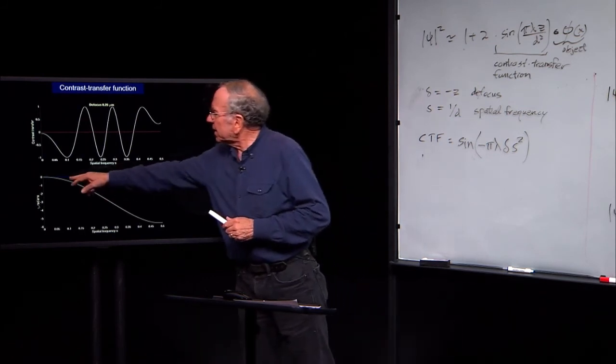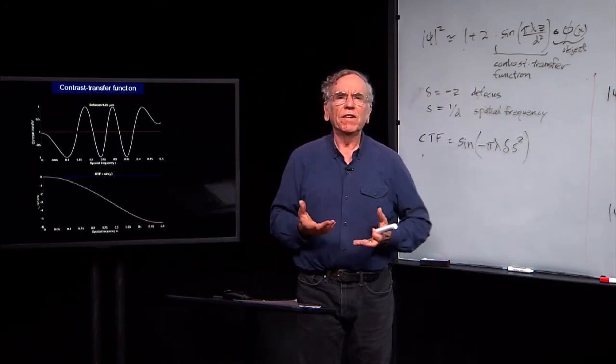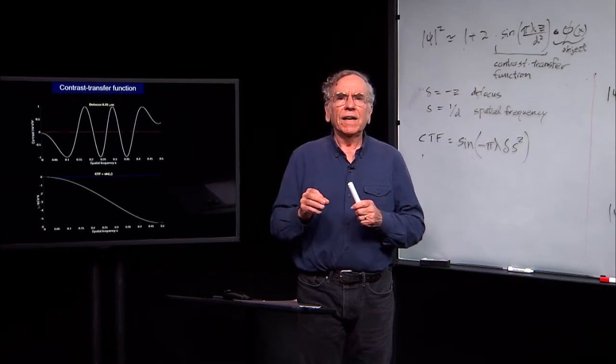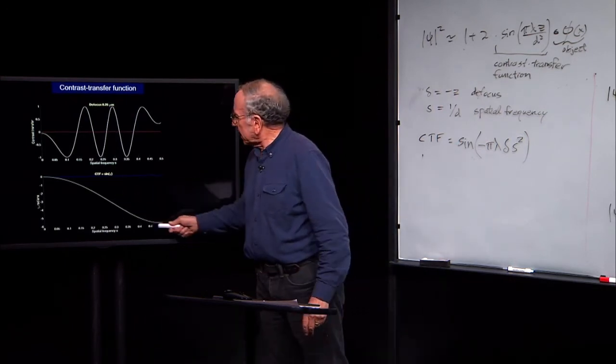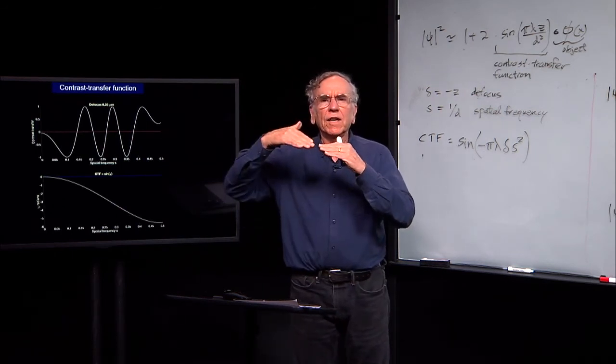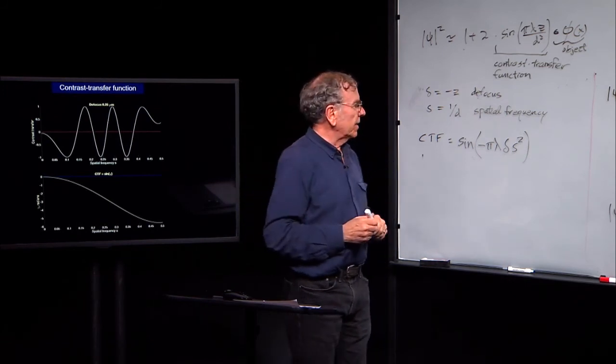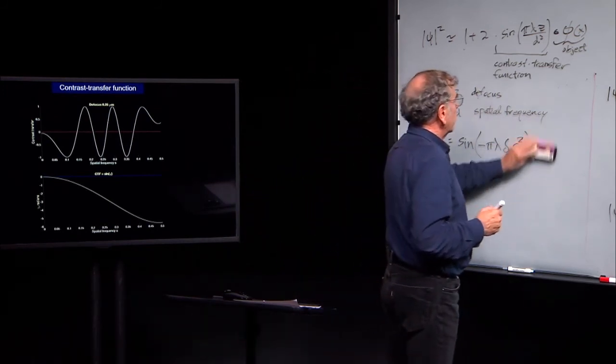The other thing is that there is an important lens aberration called spherical aberration that influences this chi function such that it will actually oppose some of the tendency of the sine function to oscillate. So this is what it looks like.